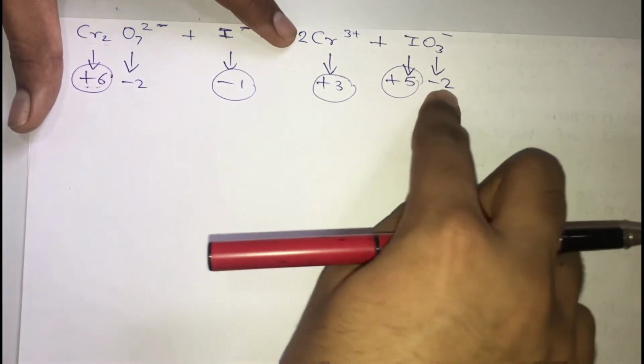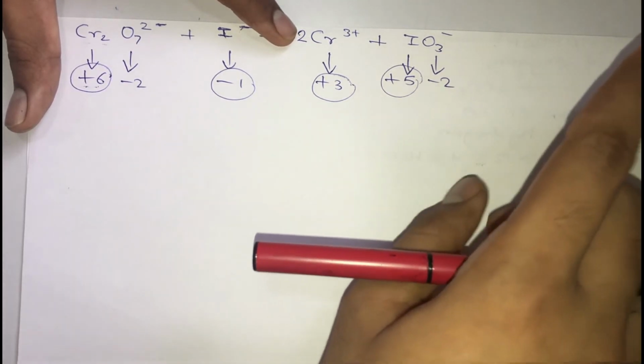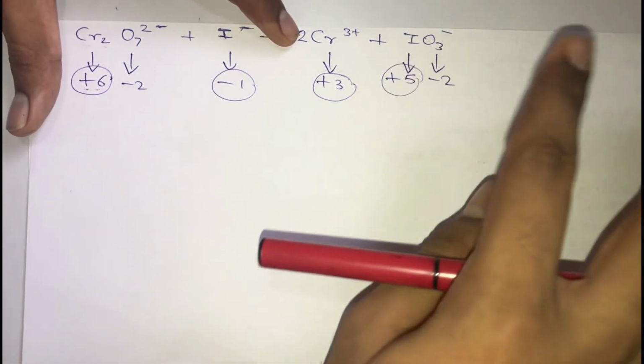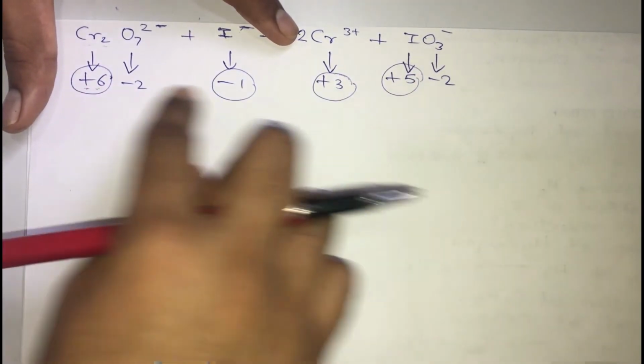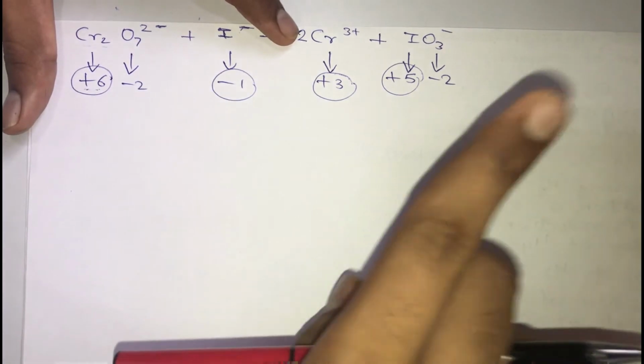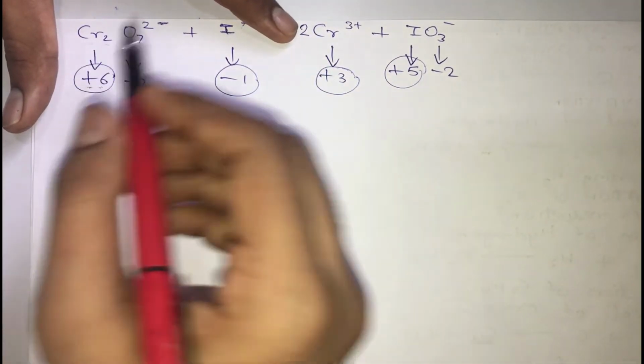Similarly, this -2 is for a single oxygen atom, not for the collective 3 atoms. No, this is for an individual atom. So whichever oxidation number you're writing over here is for a single atom. Okay, now we have got whose oxidation number has changed.